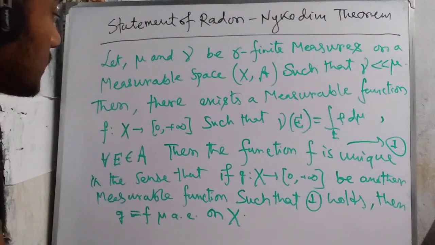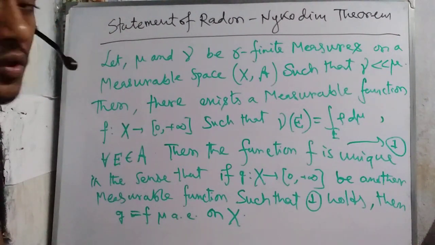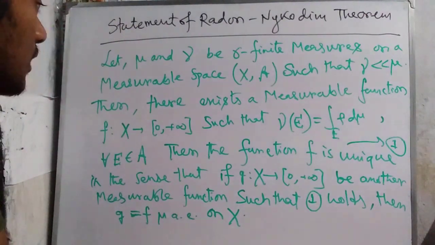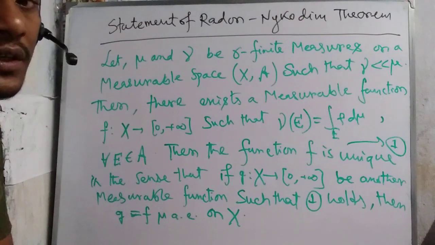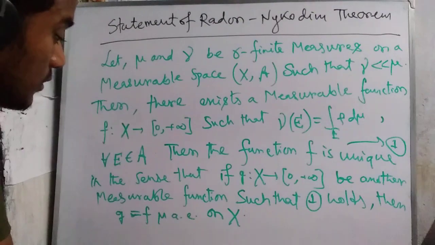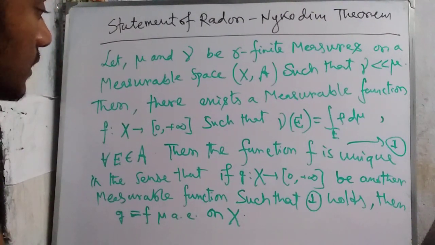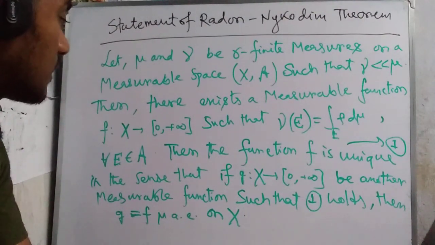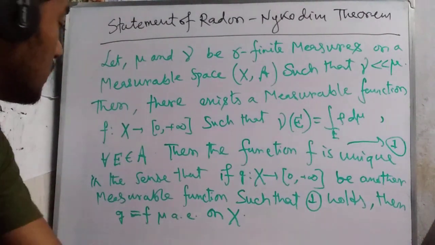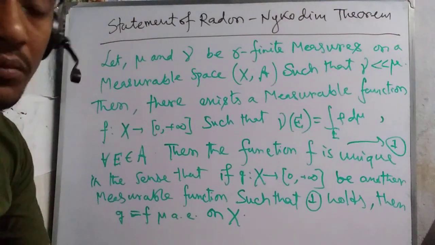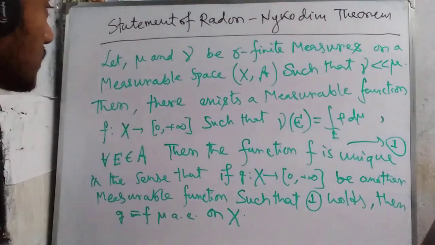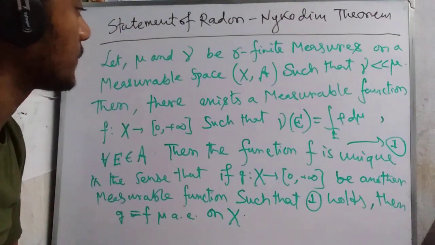Then there exists a measurable function f: X → [0, +∞] such that γ(E) equal to the integration over E of f dμ, for all E belongs to this σ-algebra. Then the function f is unique in the sense that if g be another measurable function such that one holds, then g equal to f μ almost everywhere on X. Okay, this one is the important Radon-Nikodym theorem.